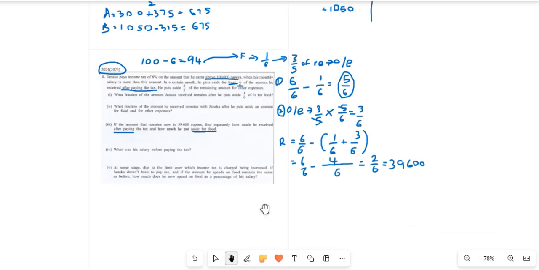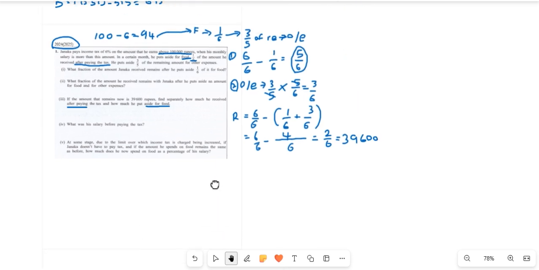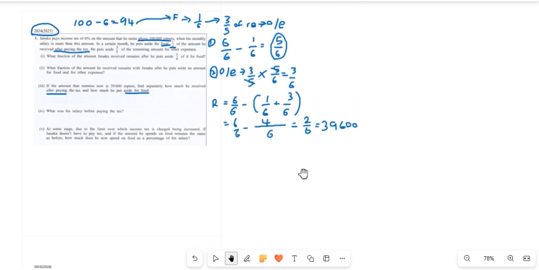Now we know that 2 portions is 39,600, so first you have to find the amount for 1 portion.